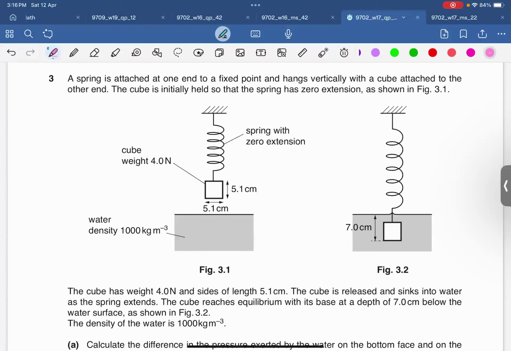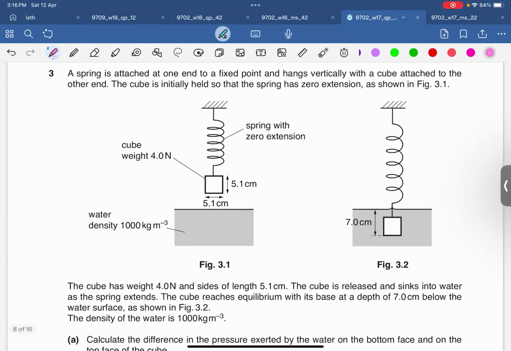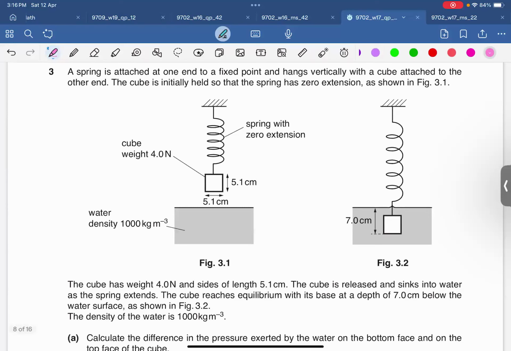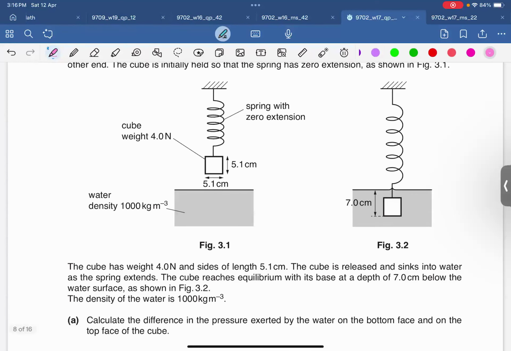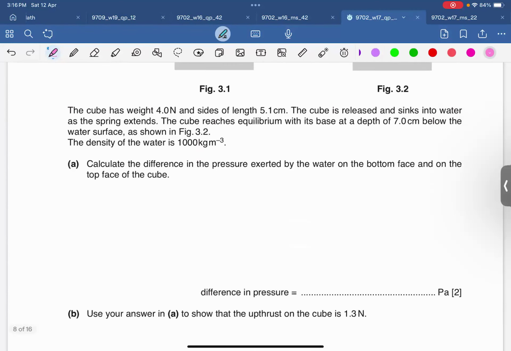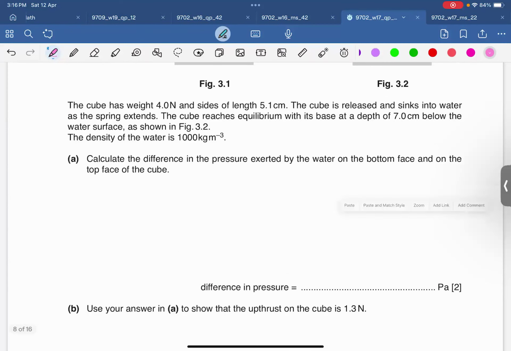The cube is released and sinks into the water as the spring extends. The cube reaches equilibrium with its base at a depth of 7 centimeter below the water surface as shown. The density of water is 1000 kg per meter cube. Calculate the difference in pressure exerted by the water on the bottom face and the top face of the cube.